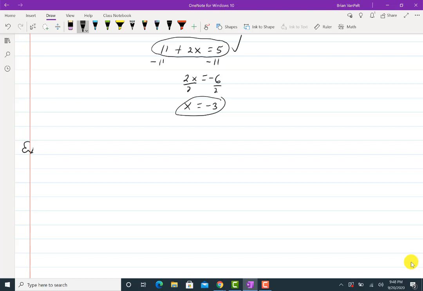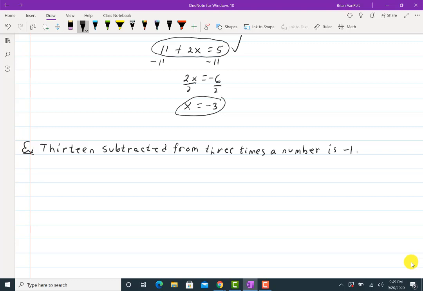Next, we have 13 subtracted from 3 times a number is negative 1.